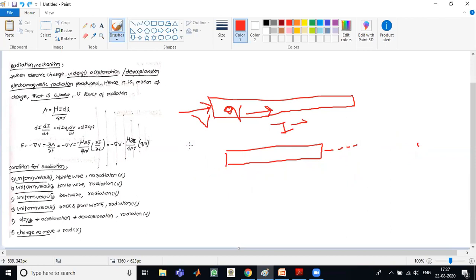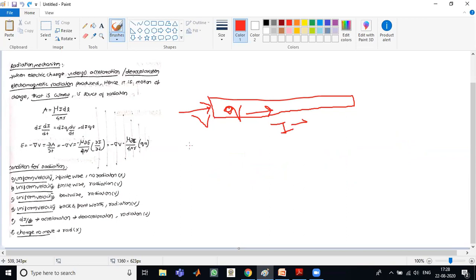This is the overall concept of the radiation mechanism. It is simply that when you apply the voltage to the antenna, the charge undergoes acceleration or deceleration, and production of current happens, so electromagnetic radiation is produced.